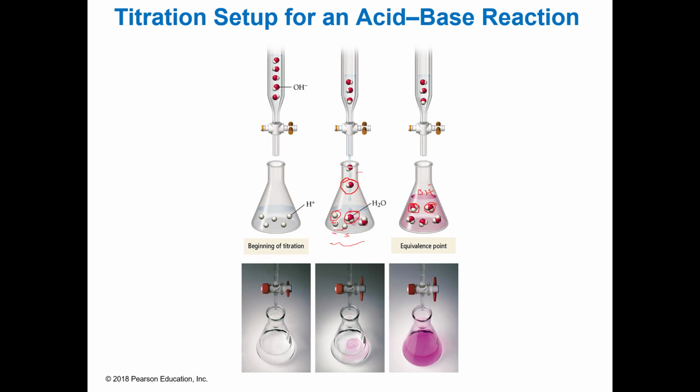Students get concerned that, oh, the titration's about to be done. Well, if you're not swirling it around, yes, you're going to have a concentration of hydroxide ion there that's going to react with the indicator. So while you're opening the stopcock, make sure you're swirling the flask so that the hydroxide ion can mix with the hydrogen ion, and so you don't get this false positive.